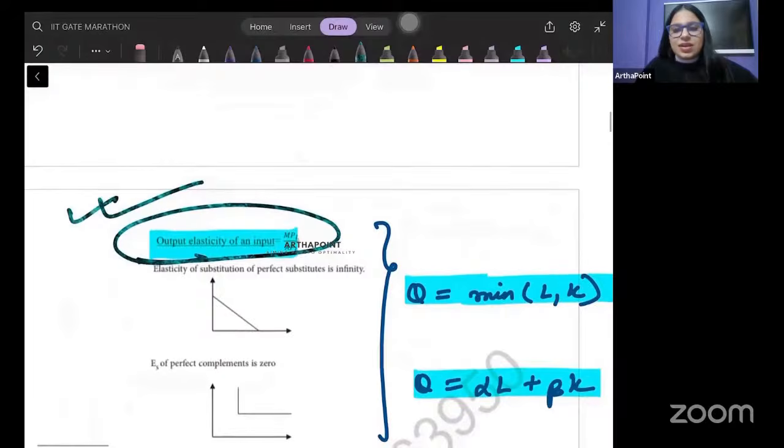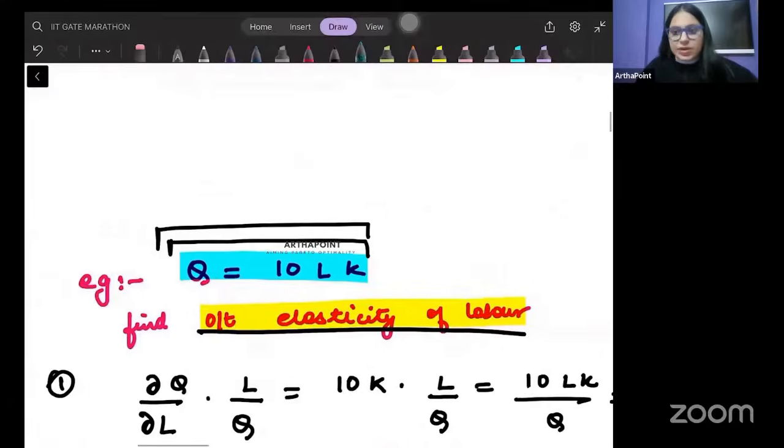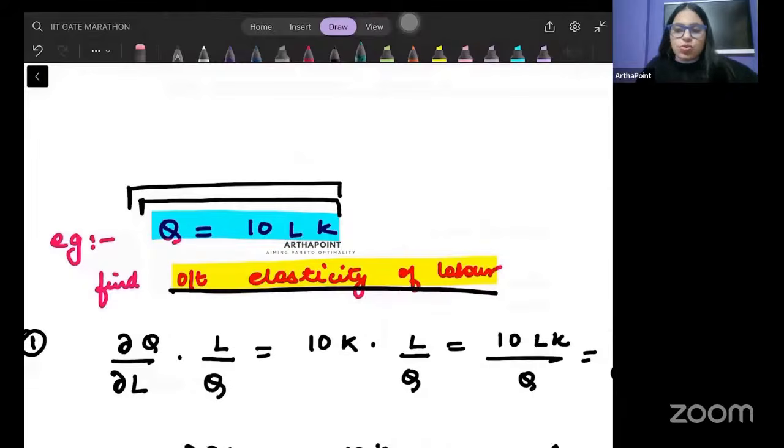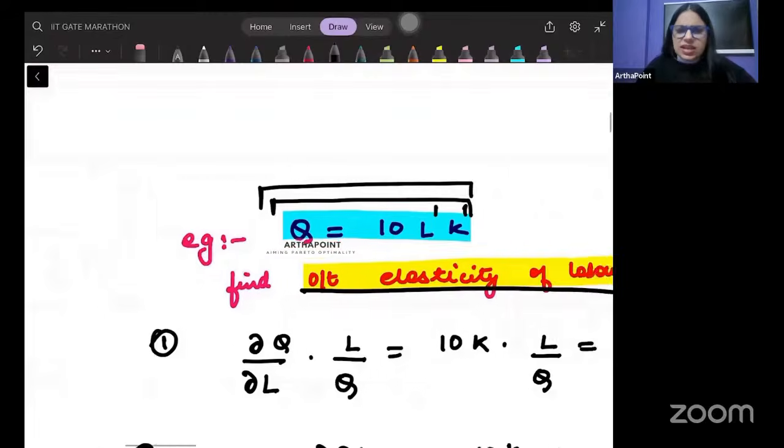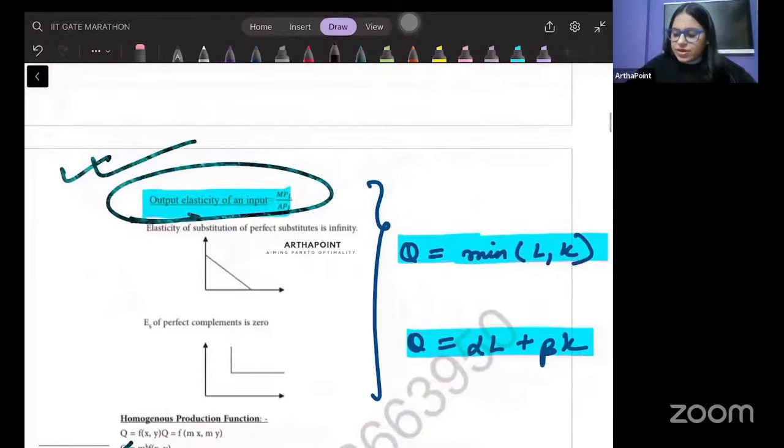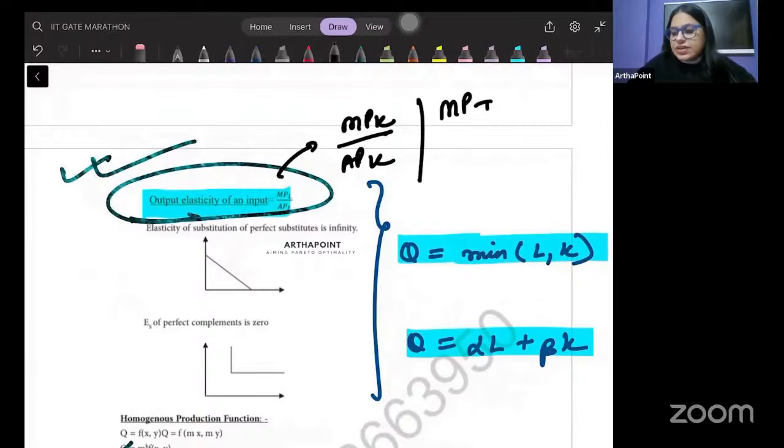If you look into the powers, you can go ahead and say that's the power. Absolutely, that's also correct. There is nothing wrong in it. Can it be in terms of capital? Yes, for any input you can find it in terms of capital. This can be MPK by APK also. If land is given, it can be MPT by APT. Any factor you are given, correct.